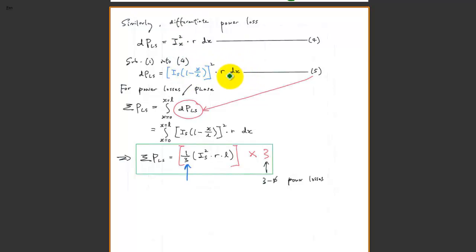You have the square here, and then the same thing we did for the voltage drop, we do for the integration for power loss as well. You do the integration from x equal to 0 to L with respect to this function, and in the end you realize that the total power loss will be just simply S squared times R times L, because you have 3 phase here multiplied by 1/3 of the constant that gives you basically 1.